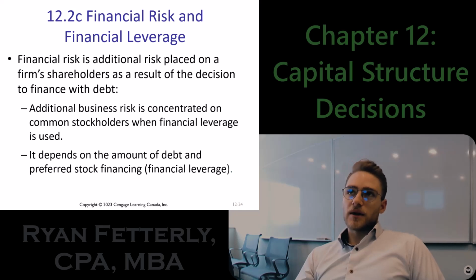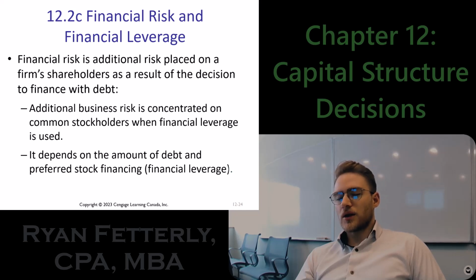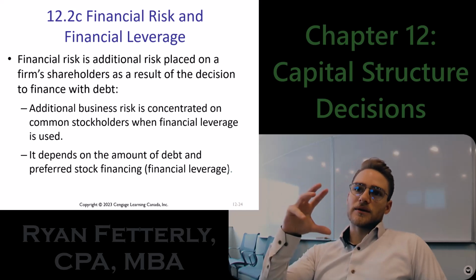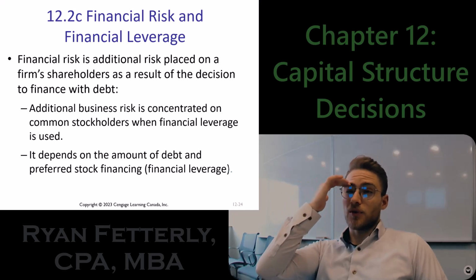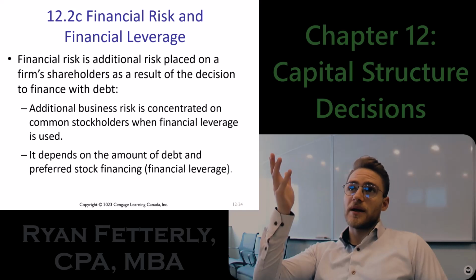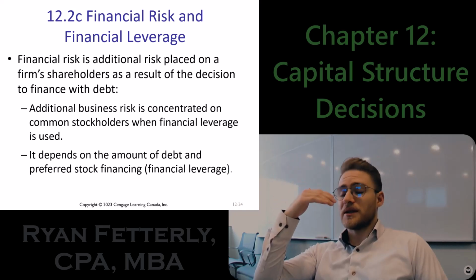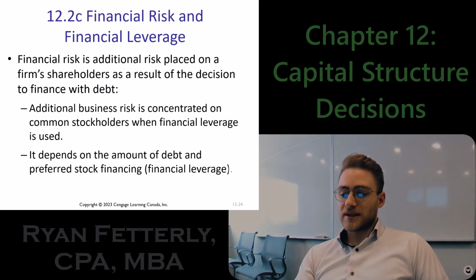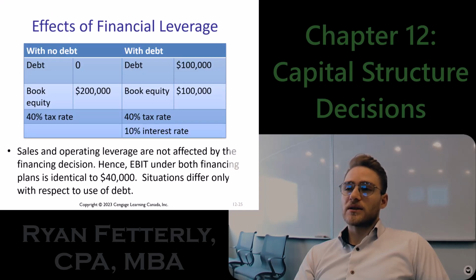But as I said, the second we add debt into the equation, we are taking money away from our stockholders because our net income is decreasing, and debt holders have higher priority than shareholders for getting their payouts, right? Because you have to pay interest, you don't have to pay dividends. So by bringing on debt, we directly affect the chances that shareholders get their money. Therefore, it immediately starts to increase the risk to our shareholders.